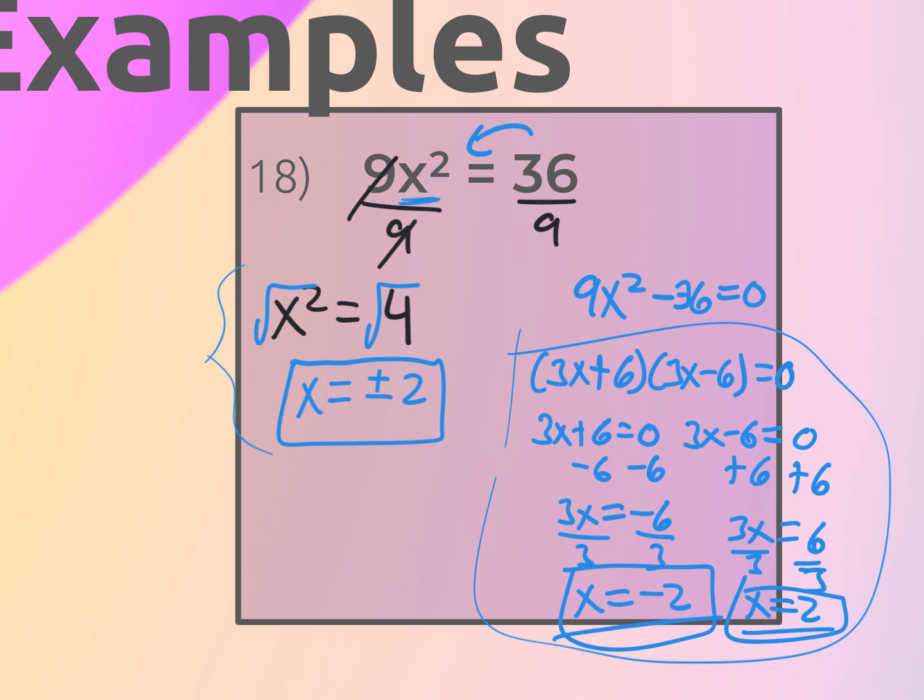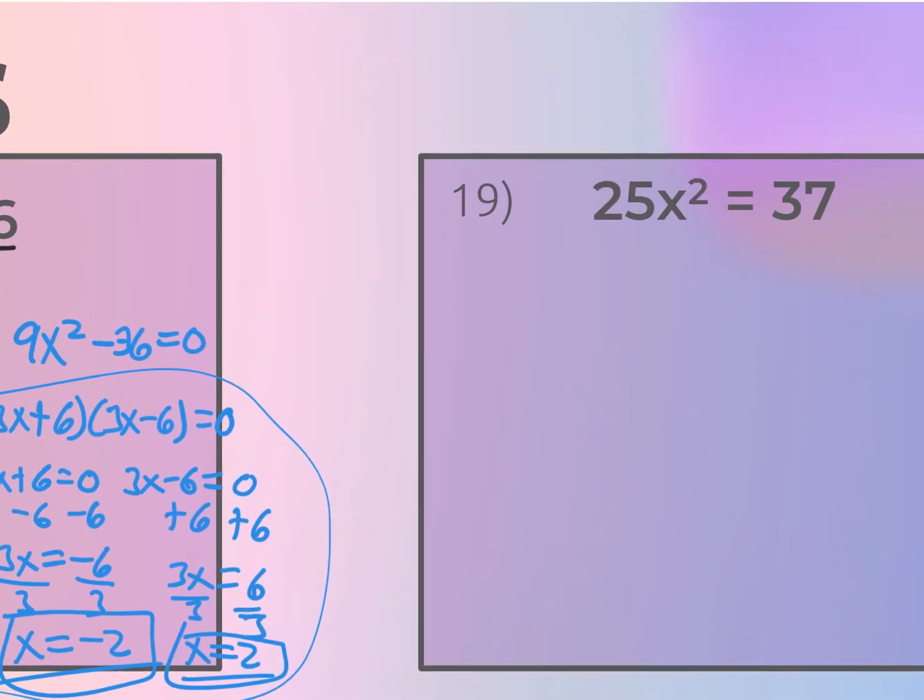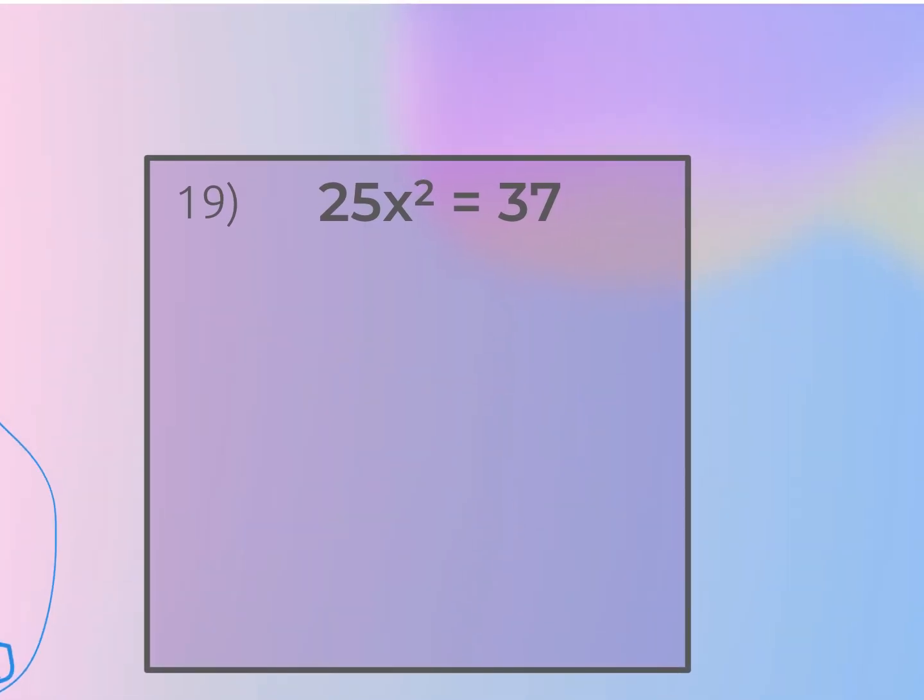You can't do that if it was like plus, I don't know, 12x or something like that, because you still have this extra x term that you have to worry about. You can only do that when there's the x squared by itself. You just get the x squared by itself and then take the square root, adding a plus or minus out front.